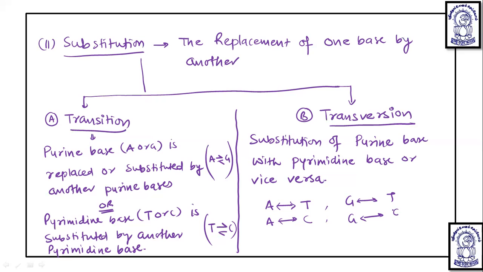So this is the thing which occurs. Now this gene mutation, it is known that they may occur naturally or automatically.